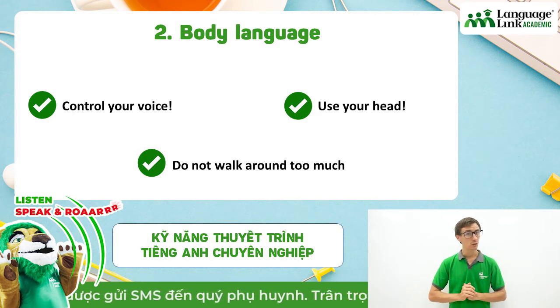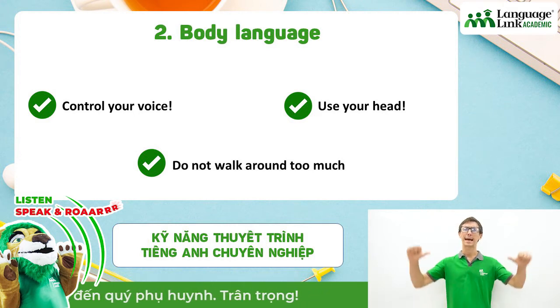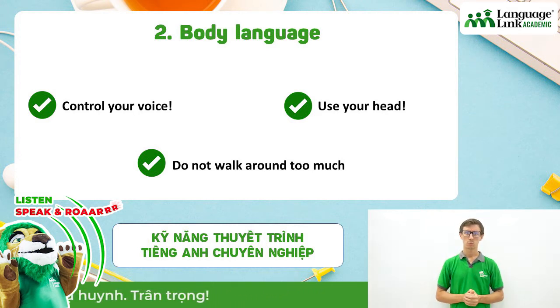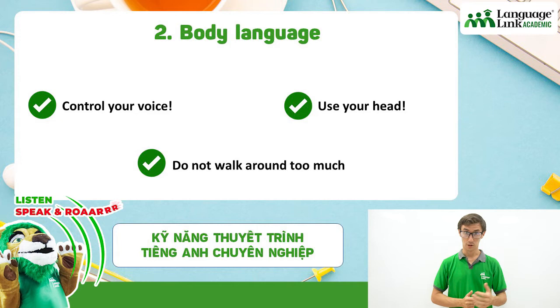In English-speaking cultures, when we make a negative point, we often shake our head from side to side. But when we make a positive point, we usually nod our head up and down. Or you can raise your eyebrows for a certain point that might be surprising. You can also remove your glasses for special effect.